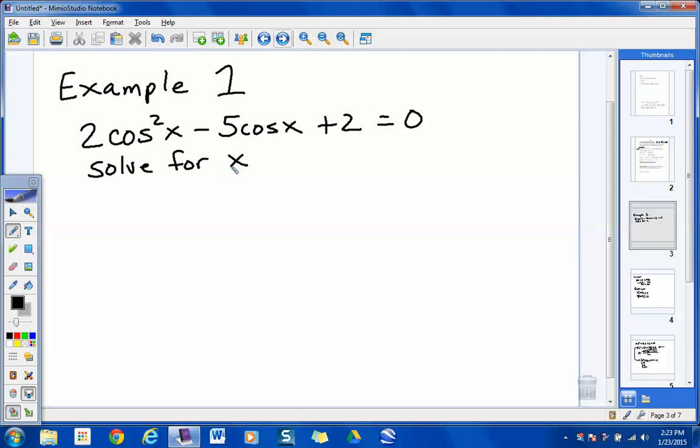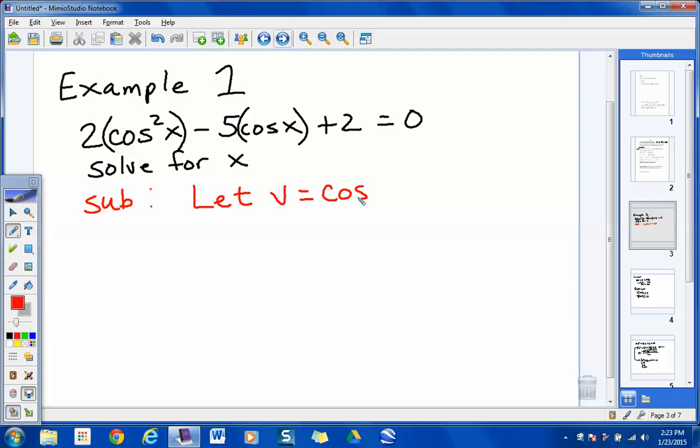I said let's replace the trig function. So this is where your substitution comes into play. On the notes it says substitute, right? And by substituting, here's what I'm going to say. Did we use the letter V on the notes? Yep. Okay, in this substitution, let V equal that trig function. So what is that trig function I'm letting it equal?